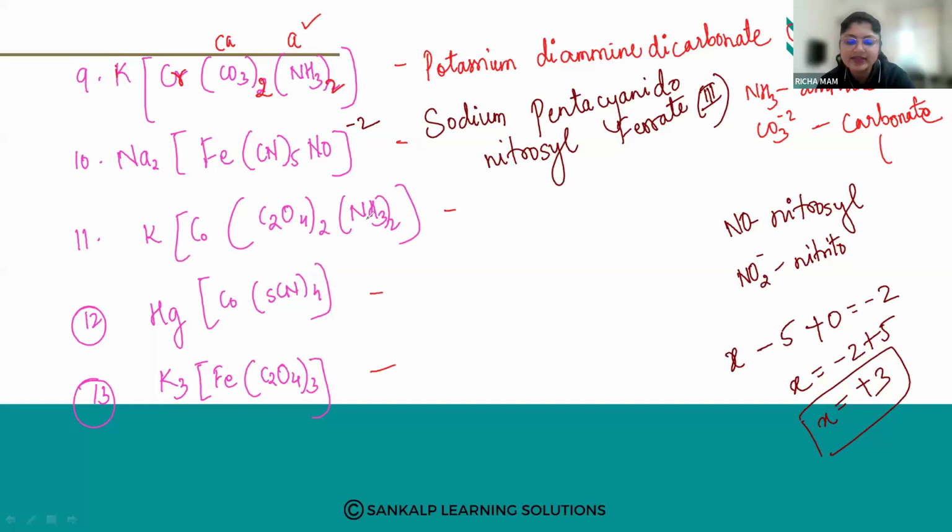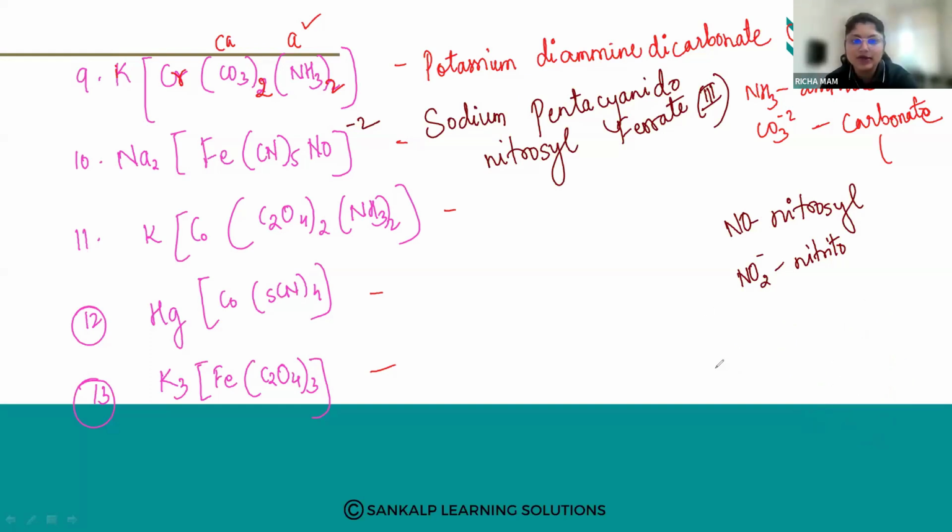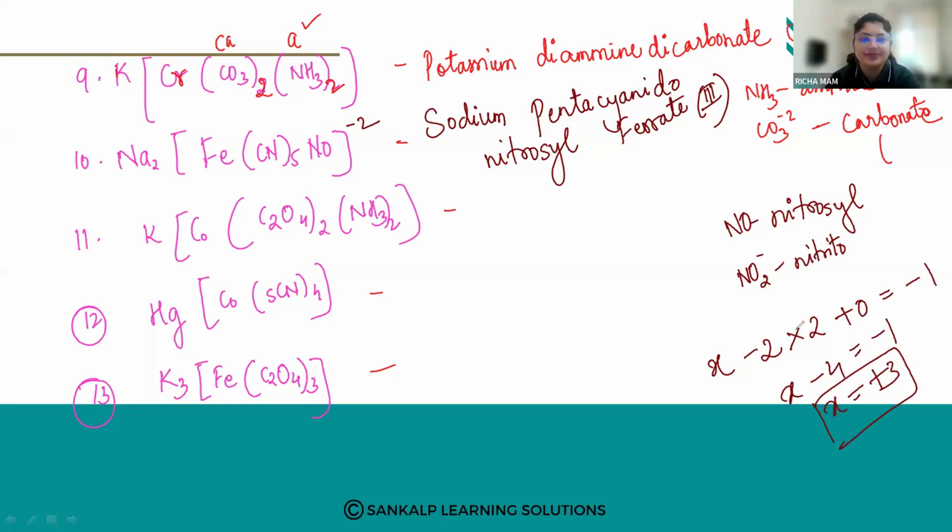So oxalato and amine, and this is cobalt. CO is cobalt. Okay. First the charge on the complex. So cobalt X, then oxalato is minus 2, C2O4 into 2, and diamine is 0 equals to minus 1. So X minus 4 equals to minus 1. So X is equals to plus 3. So the charge on cobalt is +3.